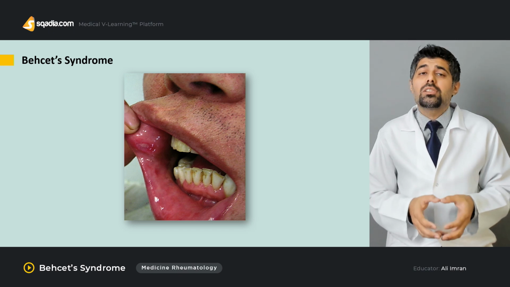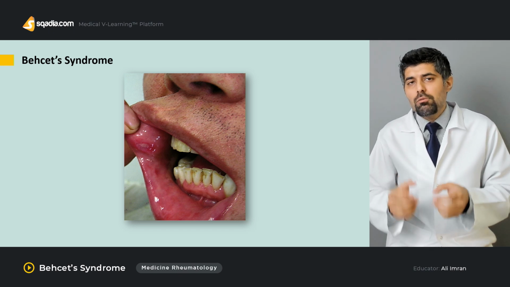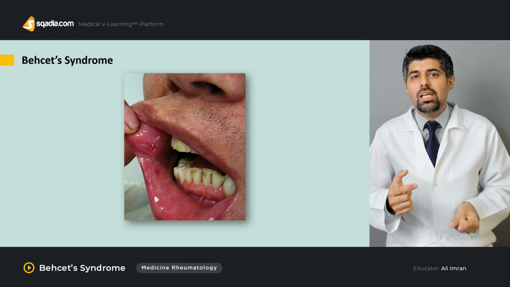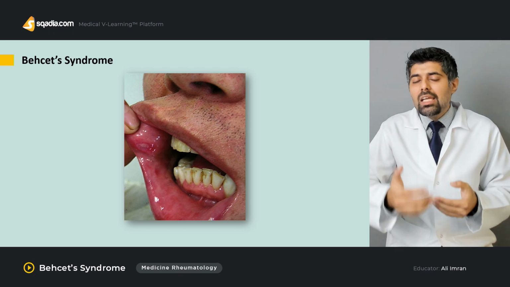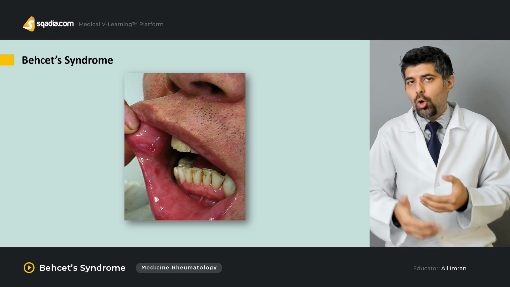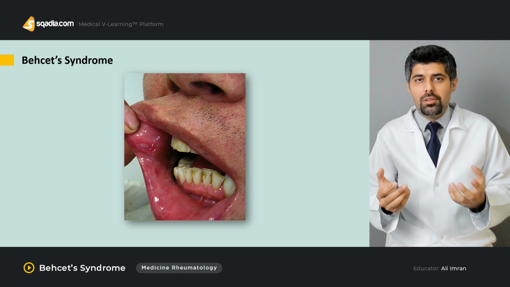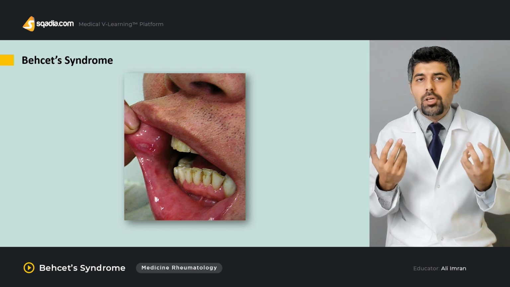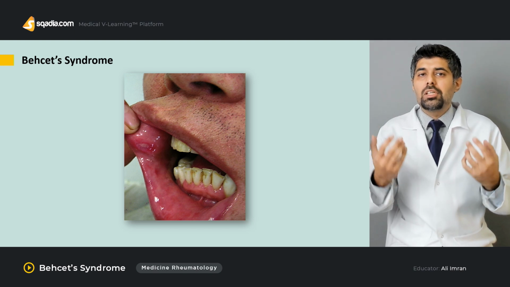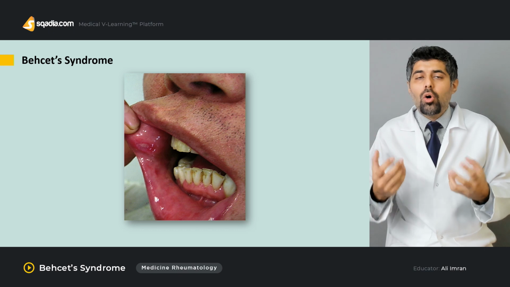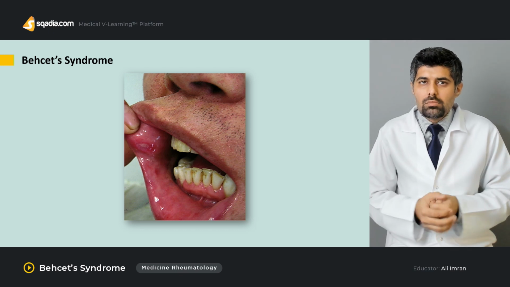Now, aphthous ulcers are those ulcers which are found in the oral cavity which do not have any underlying hard tissue or bone. So these aphthous ulcers are usually found either in the buccal cavity, in the skin underlying the cheeks, or in the lips.